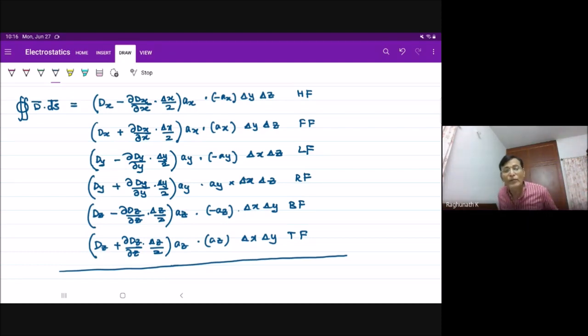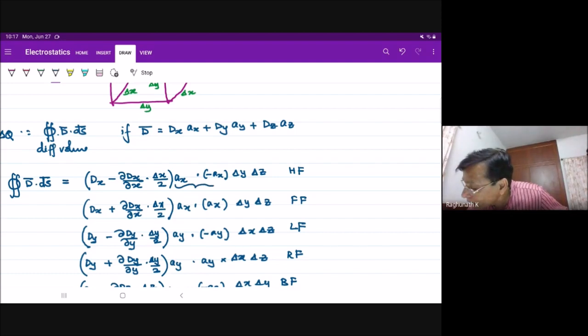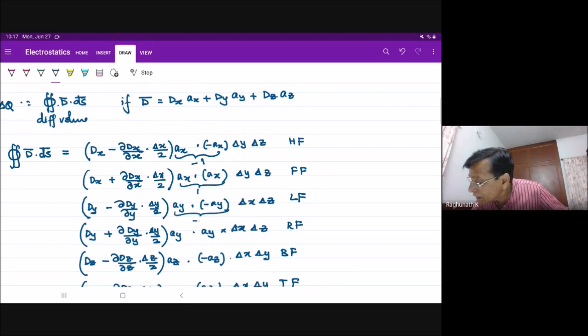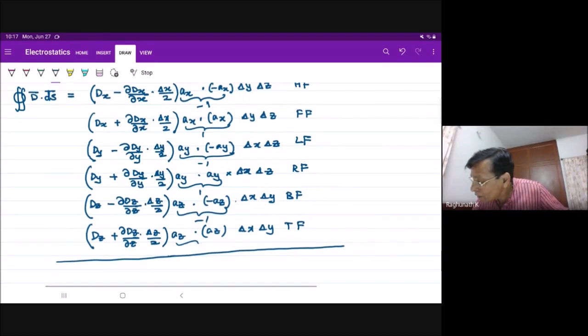What is the sum of all these terms? Ax dot minus ax is the only vector thing that I have, which is minus 1. Ax dot ax is 1. This is minus 1, this is 1. This is minus 1, this is 1.